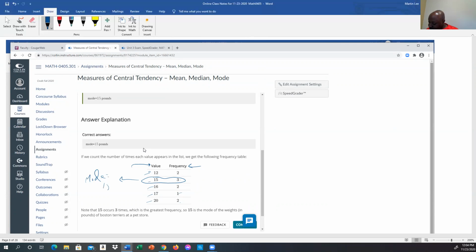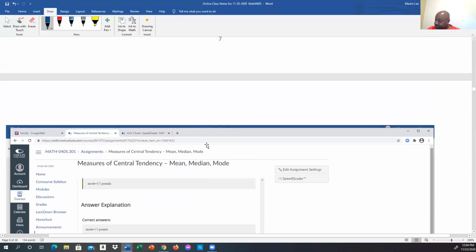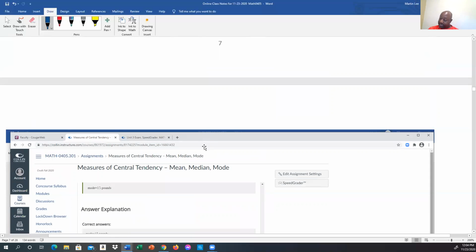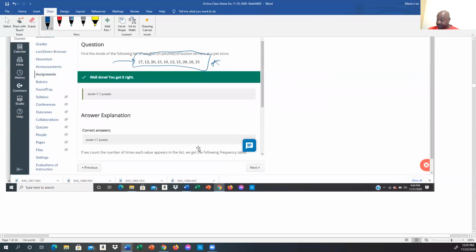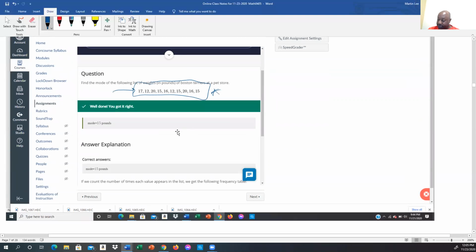Mode equals the value 15. So remember that with the mode, we had to put the numbers in order from least to greatest. And then you want to see which number appears the greatest number of times. And that's going to be your mode.